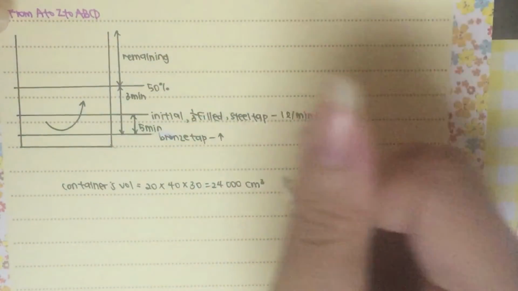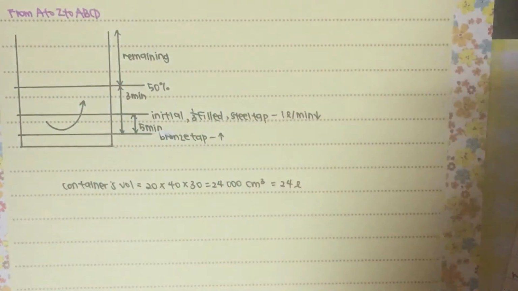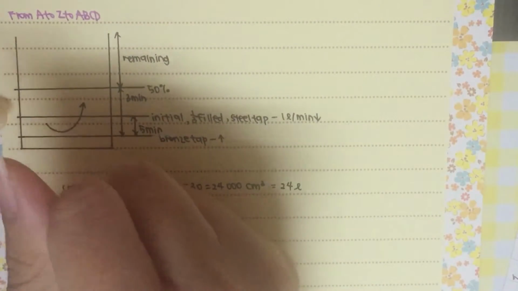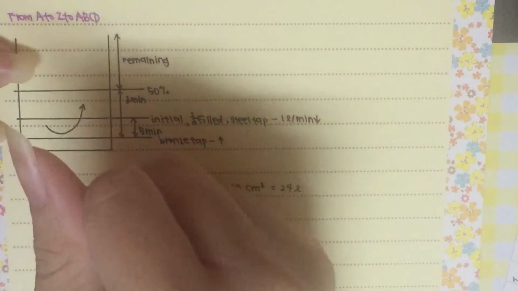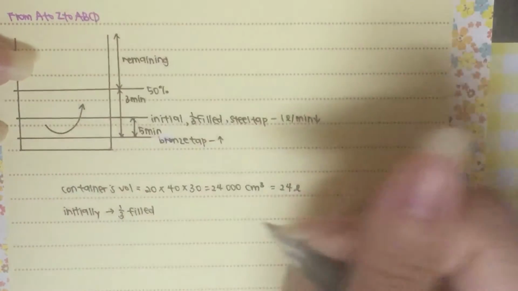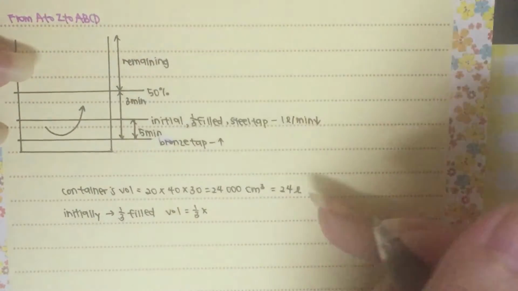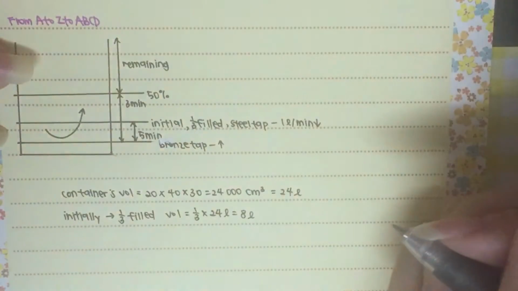And this will be equal to 24 liters. Then we are given that initially it's 1/3 filled. Therefore, the volume will be equal to 1/3 times 24, which gives us 8 liters.